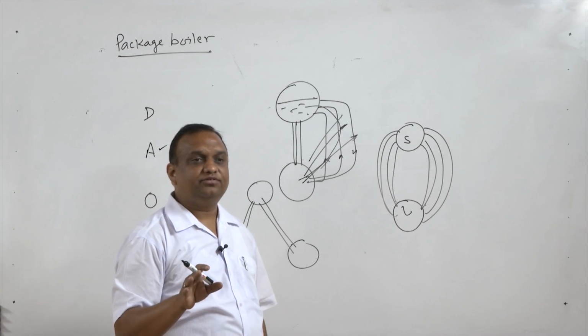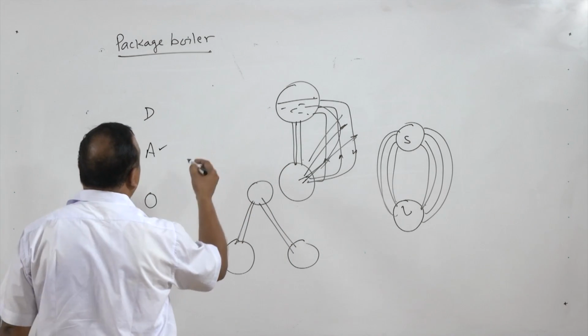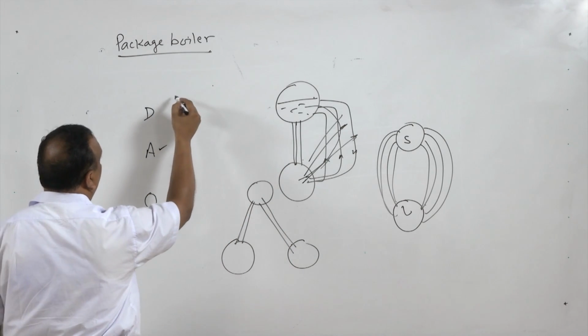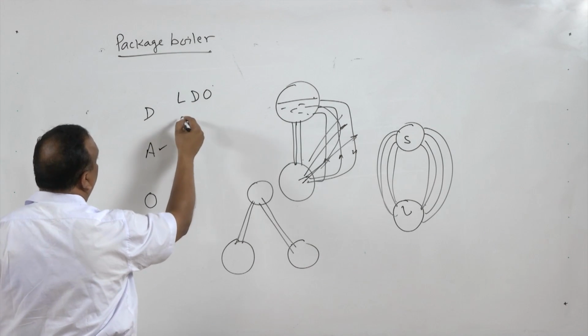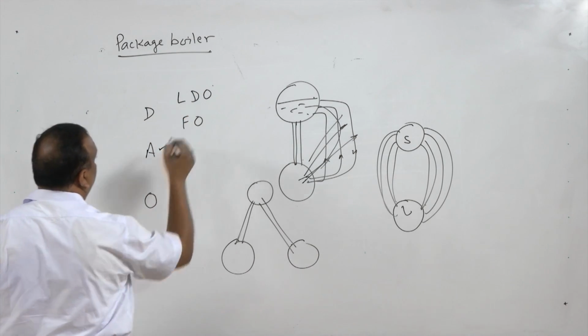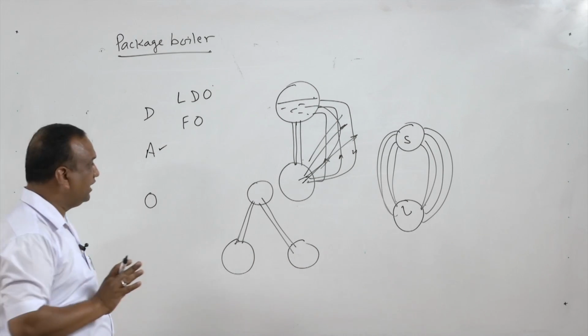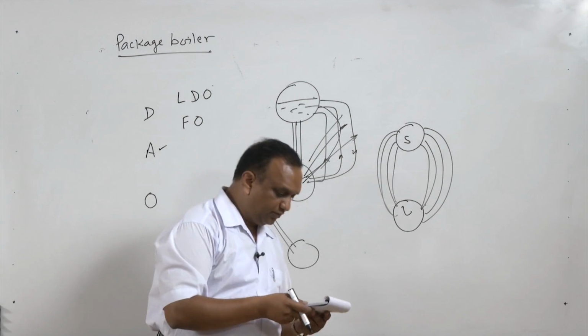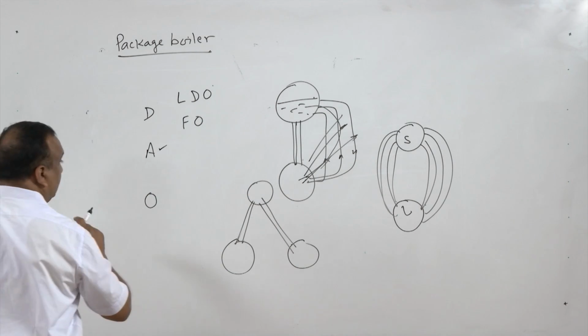In addition to this, you can use a variety of fuels for this boiler. For these package type boilers, you can use light diesel oil. You will find package boilers working on furnace oil, right? And different types of fuels can be used for these types of boilers.